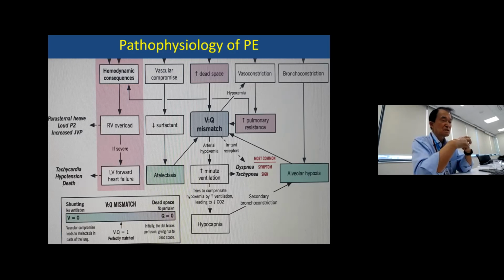There is an immediate vasoconstriction, the bronchial constriction. But practically, when you see a patient in the emergency room, it's already several hours past, so the VQ mismatch is expected for pulmonary emboli.